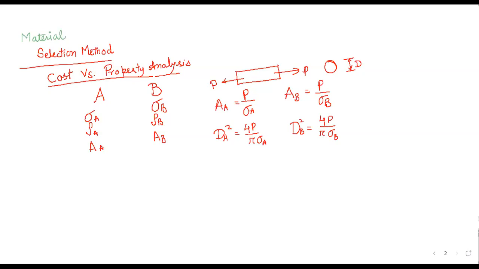So we can write dA over dB is equal to under root sigma B over sigma A.